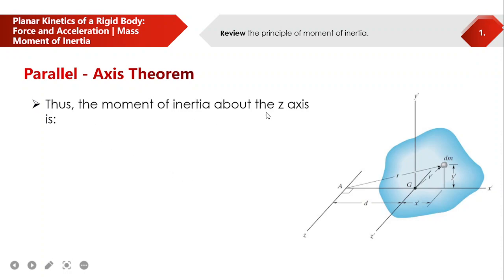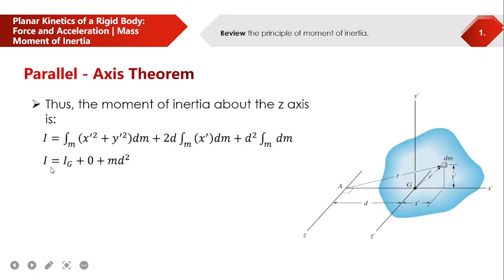Therefore, the moment of inertia about the z-axis now, by evaluating each term of our integrals, we simplified down to I sub g plus md squared. So if you already have the mass moment of inertia about g, the body's center of mass, plus the whole mass of the body times d squared.